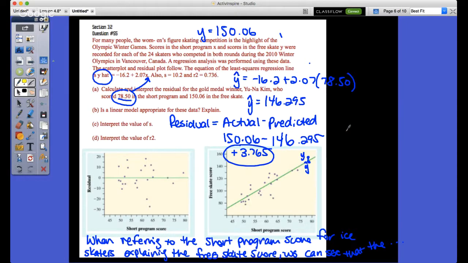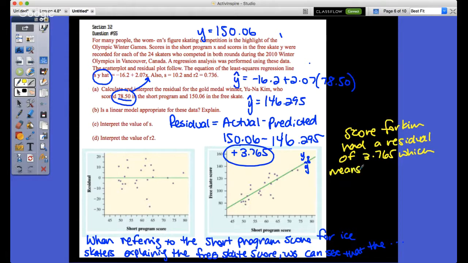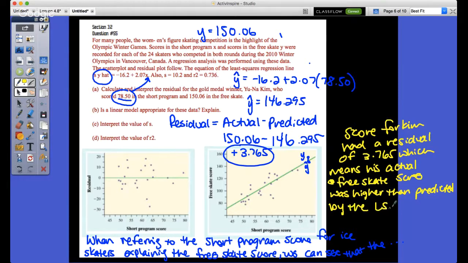We can see that the score for Kim had a residual of 3.765, which means his actual free skate score was higher than predicted by the least squares regression line.